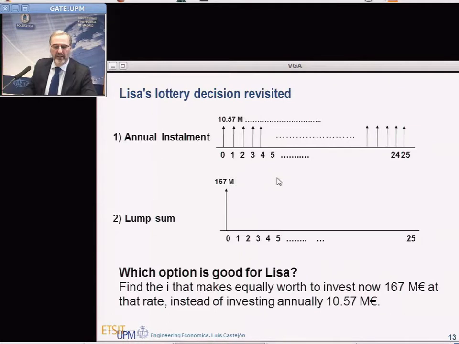She won a lottery and she was offered to receive $167 million today, or another option is to receive annual installments. Installment is like receiving periodic payments from moment 0 to year 25. So this means 26 payments every year of $10.57 million.